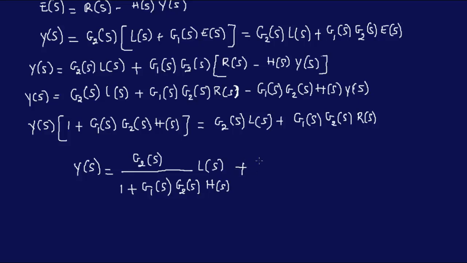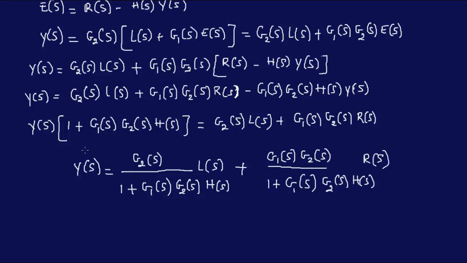Plus this, G1 of S, G2 of S, over the same thing, 1 plus G1 of S, G2 of S, H of S, R of S. And that's it. That's our Y of S, and it's the same thing as the expression that they have in the book.